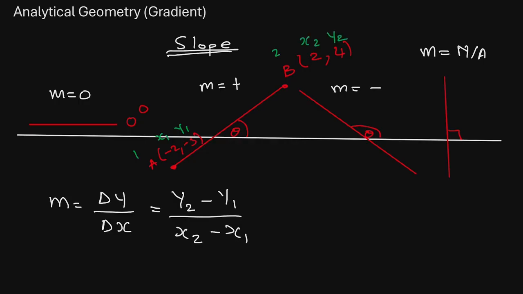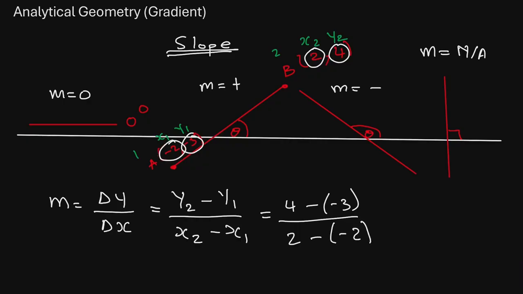So for us to determine the gradient of this line, we are going to substitute the value of y2, which is 4, and the value of y1, which is -3. And then we're going to substitute the value of x2, which is 2, minus the value of x1, which is -2.